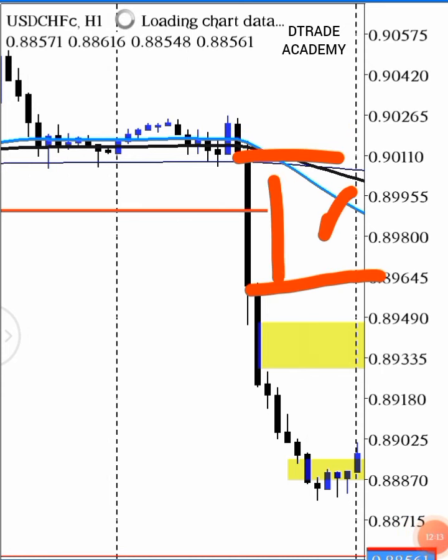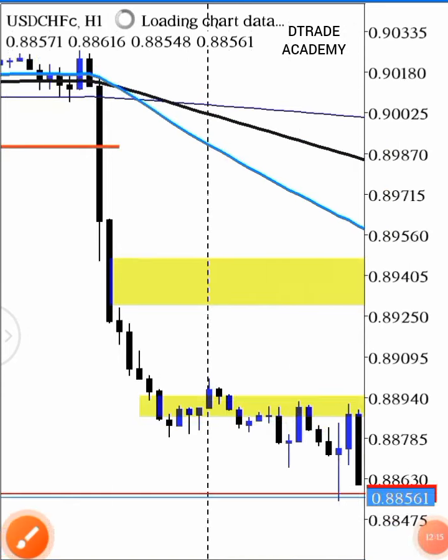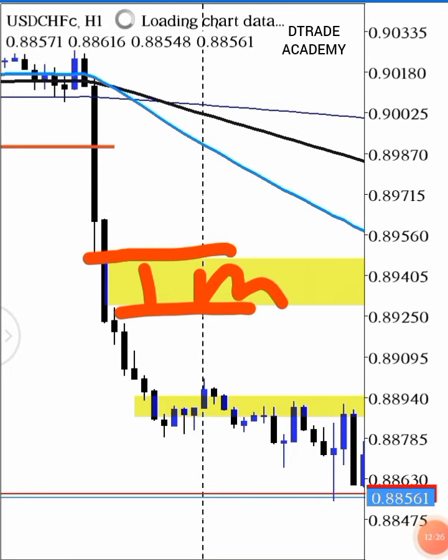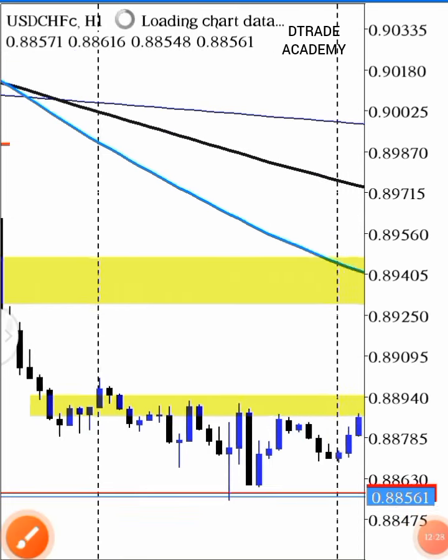There's an imbalance here, but price didn't come to fill it. There's another imbalance. Let's take this 1, 2, 3. There's another imbalance which I marked, but price didn't come to fill up that side.